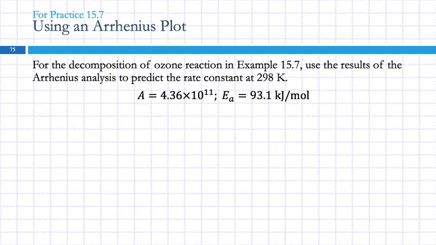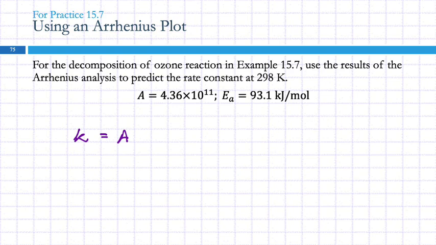So we'll use the Arrhenius equation. The rate constant is equal to the frequency factor. I always want to say activation energy because it starts with an A, right?